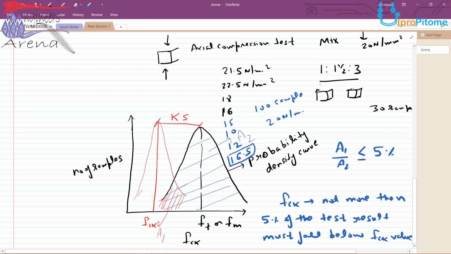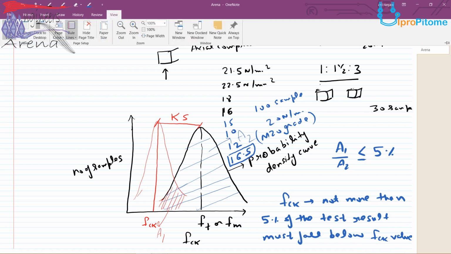Due to this 16.5 value, this whole batch of cubes will not pass for M20 grade of concrete.